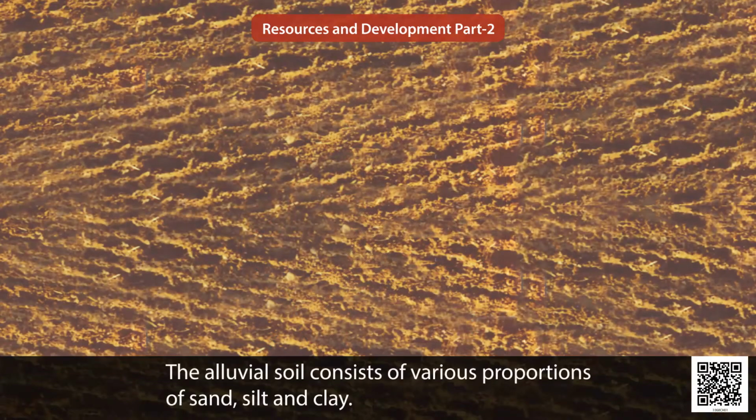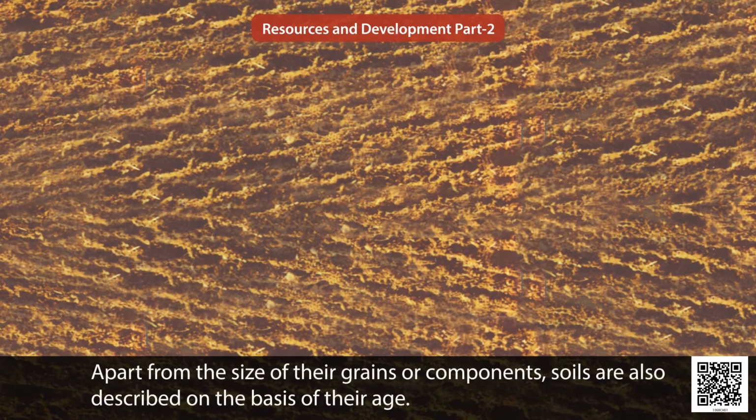The alluvial soil consists of various proportions of sand, silt and clay. Apart from the size of their grains, soils are also described on the basis of their age.